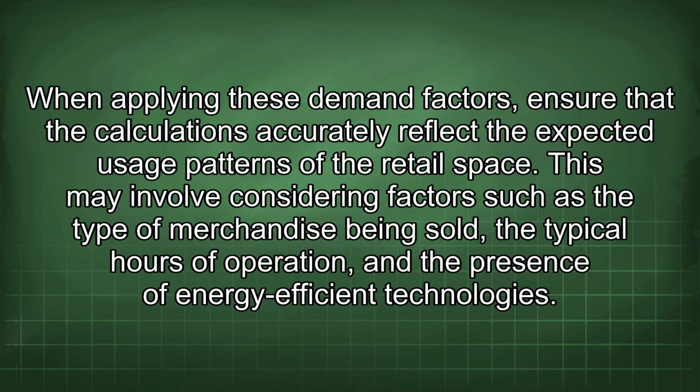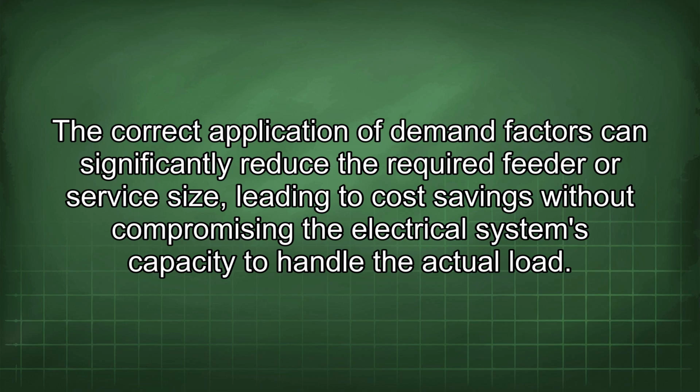When applying these demand factors, ensure that the calculations accurately reflect the expected usage patterns of the retail space. This may involve considering factors such as the type of merchandise being sold, the typical areas of operation, and the presence of energy-efficient technologies. The correct application of demand factors can significantly reduce the required feeder or service size, leading to cost savings without compromising the electrical system's capacity to handle the actual load.